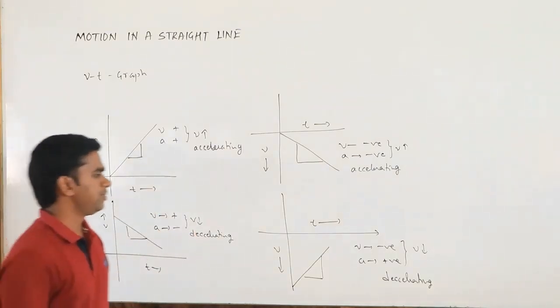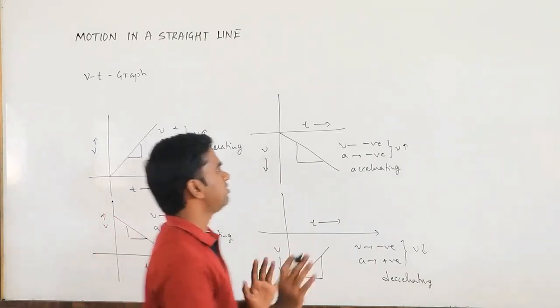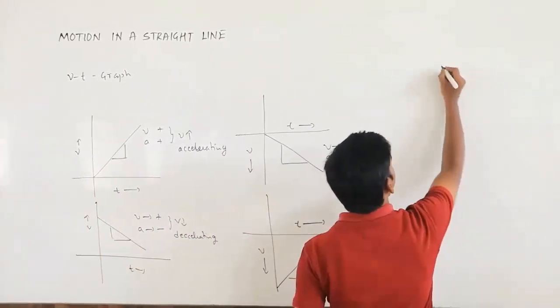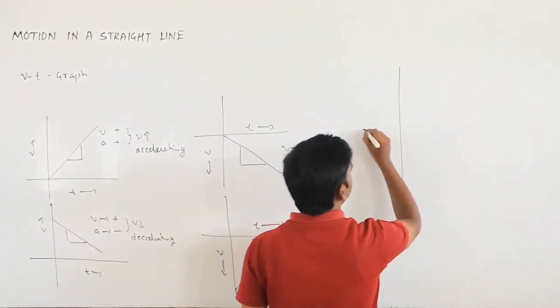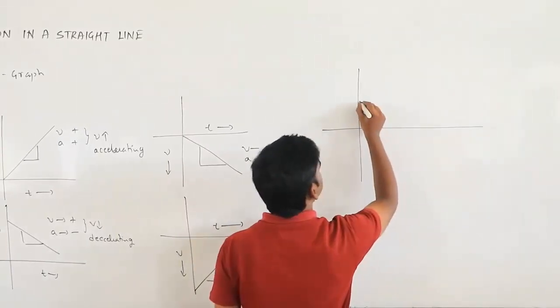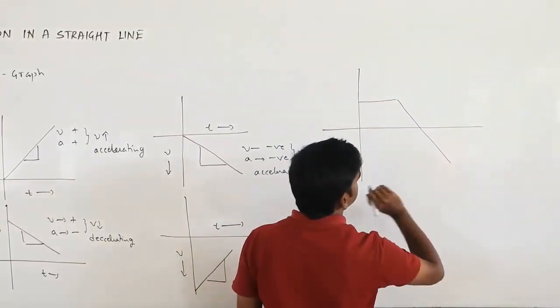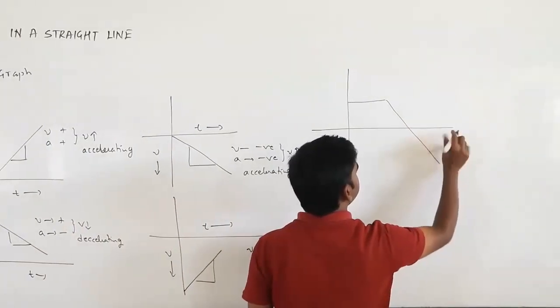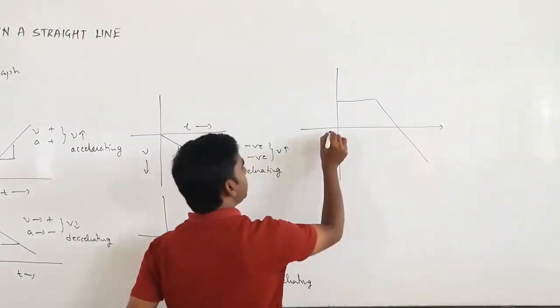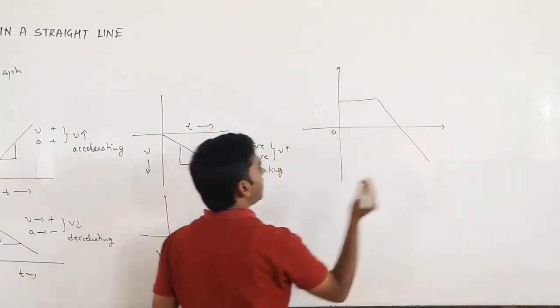So like this, if I give you one graph, you should be able to describe the motion. Suppose, for example, I take a graph from here and just decrease this. If this is the graph I have given you, you should be able to describe the motion.